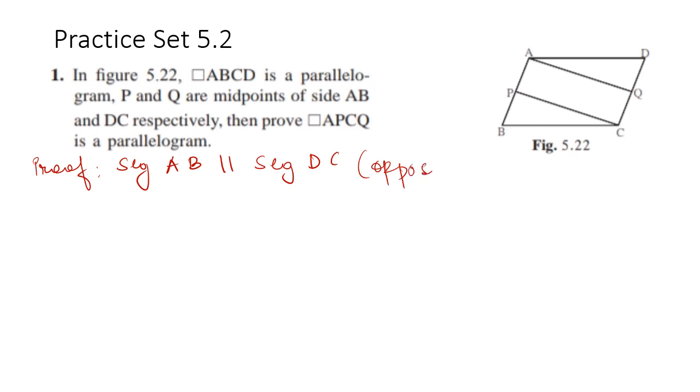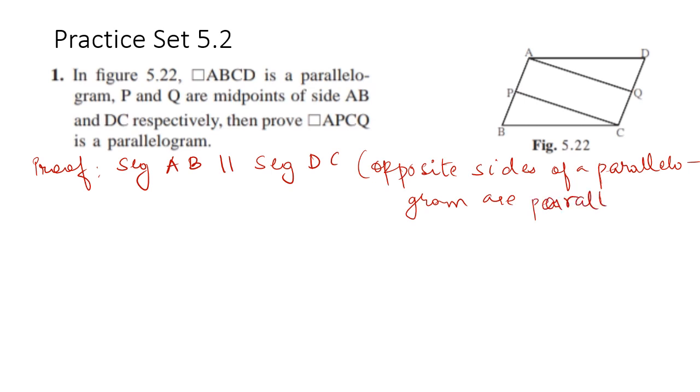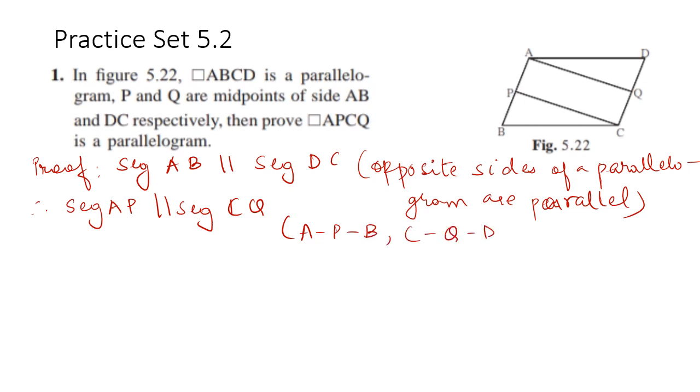Opposite sides of a parallelogram are parallel. So therefore segment AP is also parallel to segment CQ, the reason being A-P-B lie on the same line, and C-Q-D.